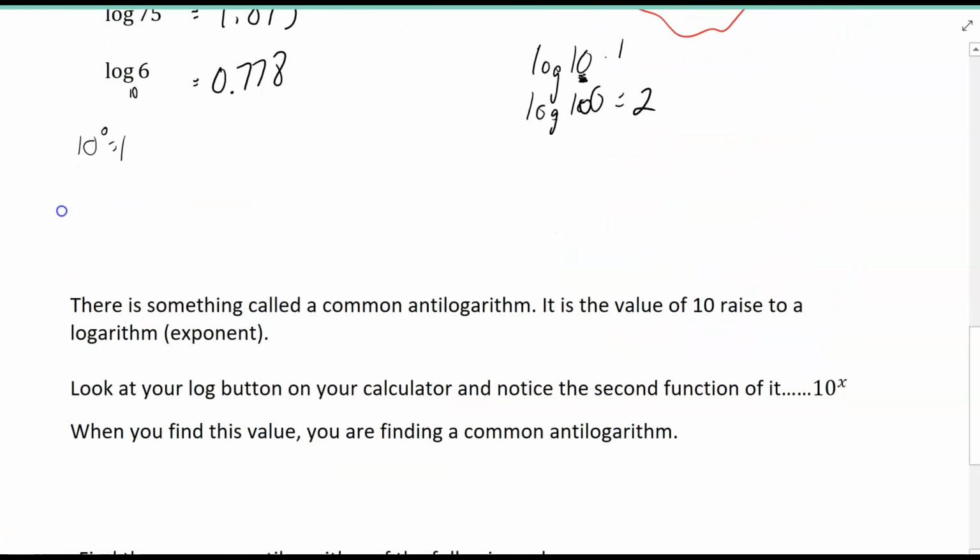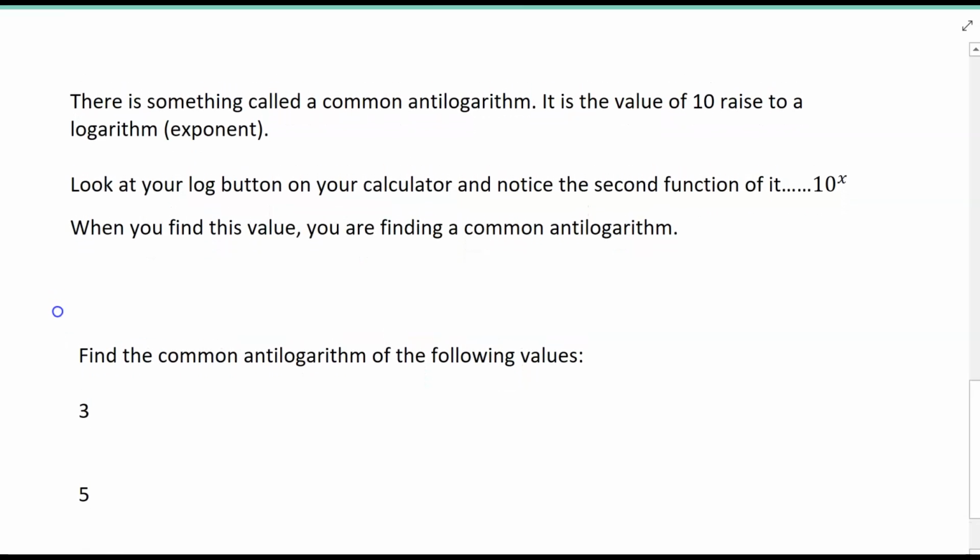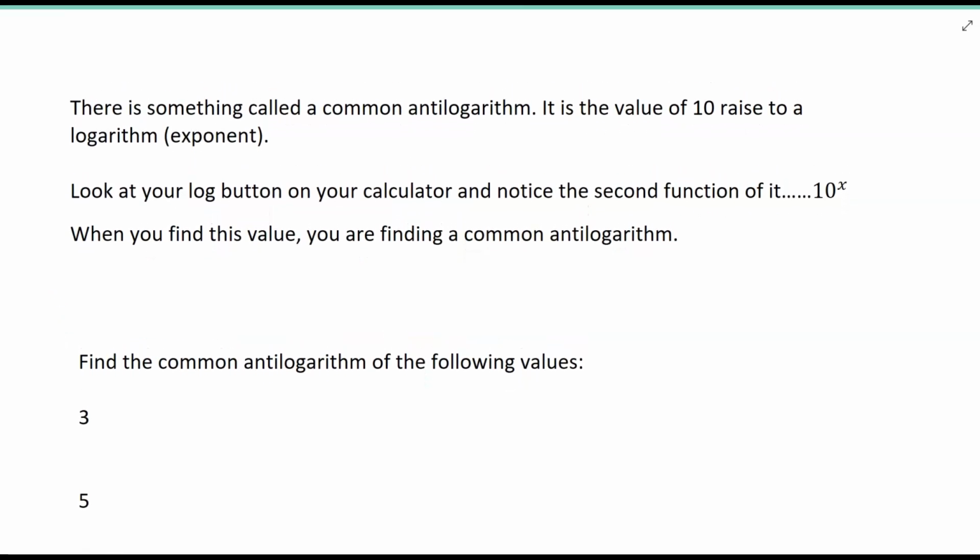Now, if you take a look at that log button, there is also a second function of it. If you look closely, the second function is 10 to the x. That's a reminder that this log button has base 10. What this does is the inverse function.